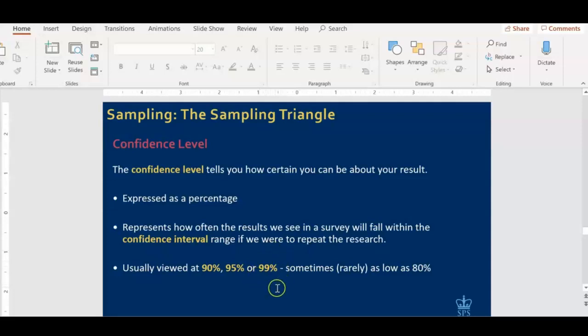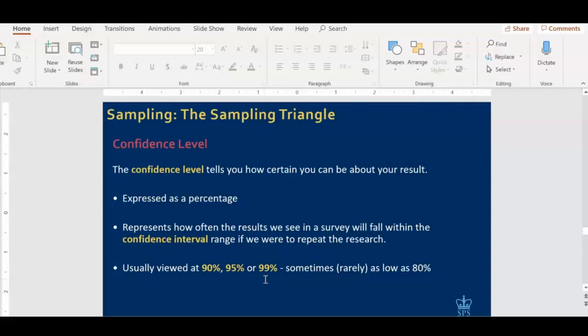Sometimes corporations want to use a 99% confidence interval, and that's when they need to be absolutely certain in the research results. To give you an example, if your company was going to spend millions and millions of dollars buying a plant and buying new equipment to produce a new product that you'd like to put on the market, you'd want to be absolutely certain from our research findings whether or not you make that go or no-go decision.